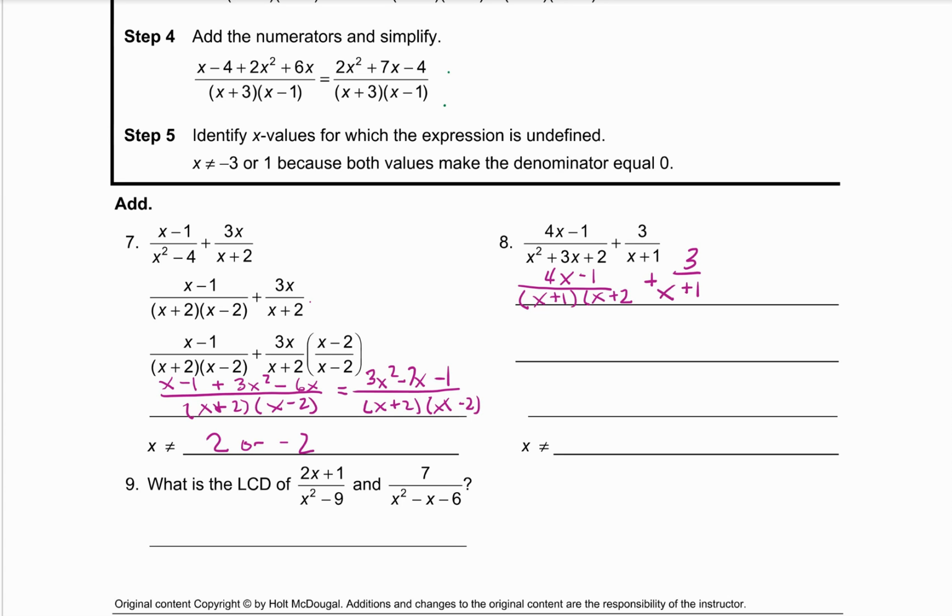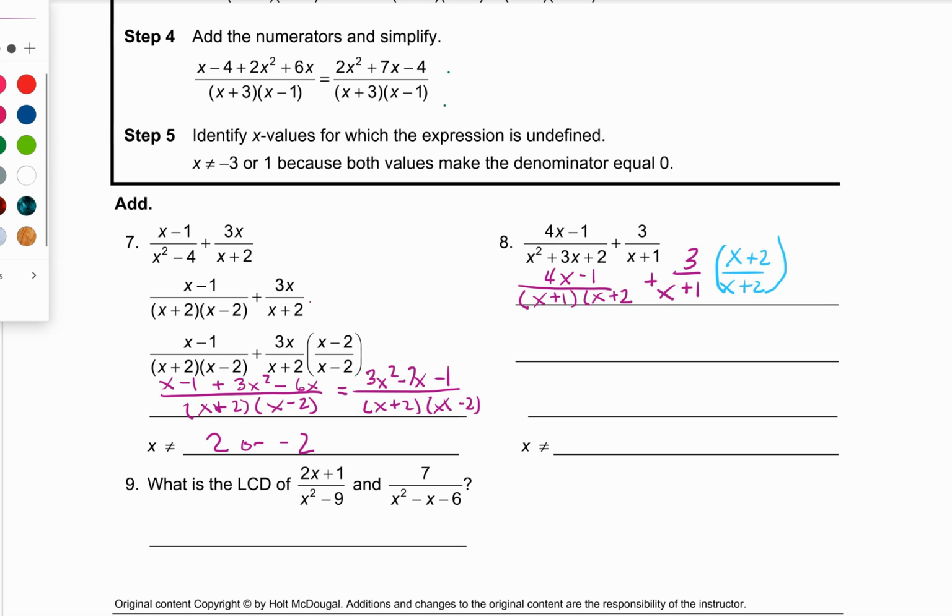So we have to multiply the second by something. What's missing? It's missing the x plus 2 from the first. So you've got to multiply the top and the bottom by that x plus 2.